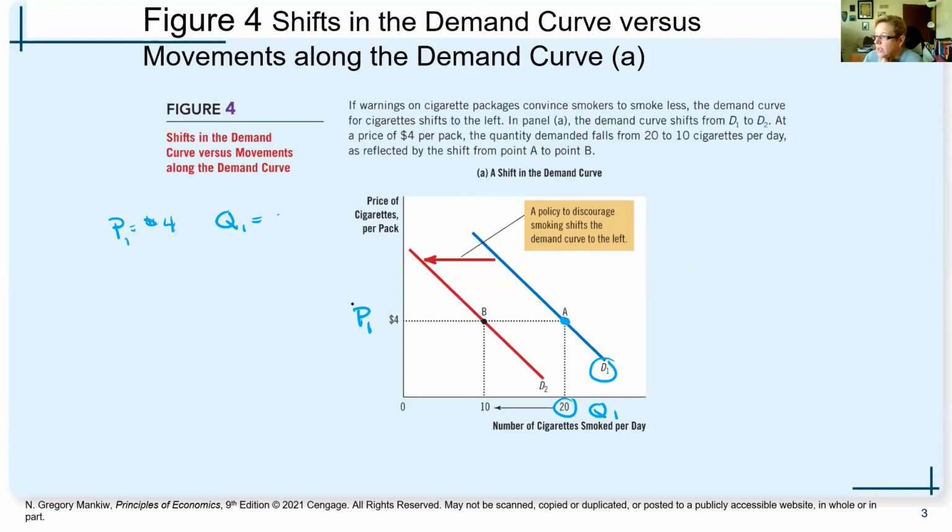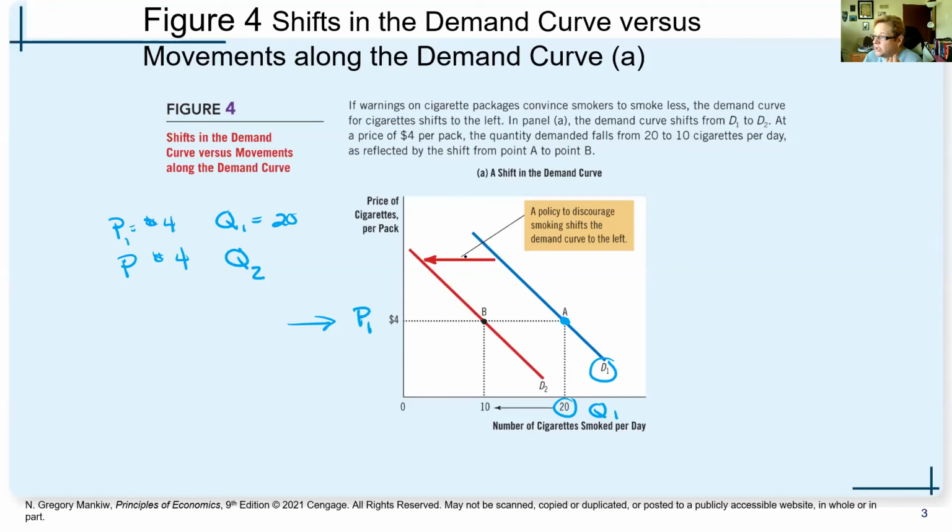Okay. Now, what happened was something other than a change in price. Maybe people said, hey, it's probably not good for me. So the price stays the same, right? Because now we have price still at $4. But something happened, like, hey, smoking causes cancer.